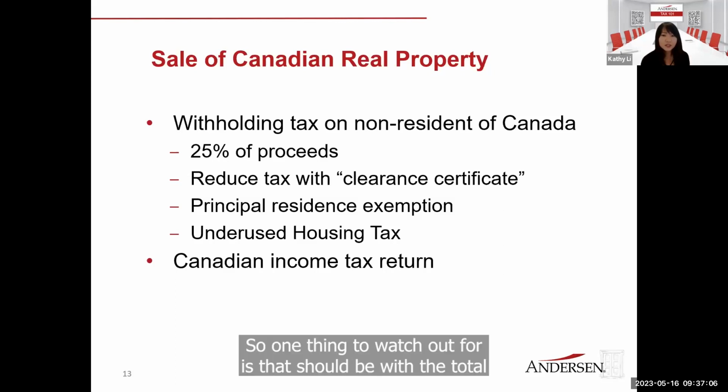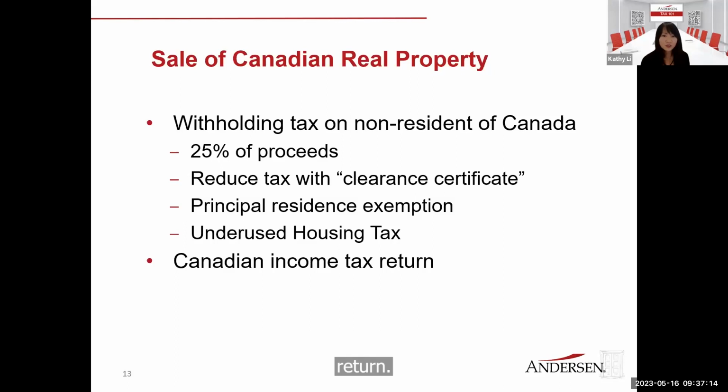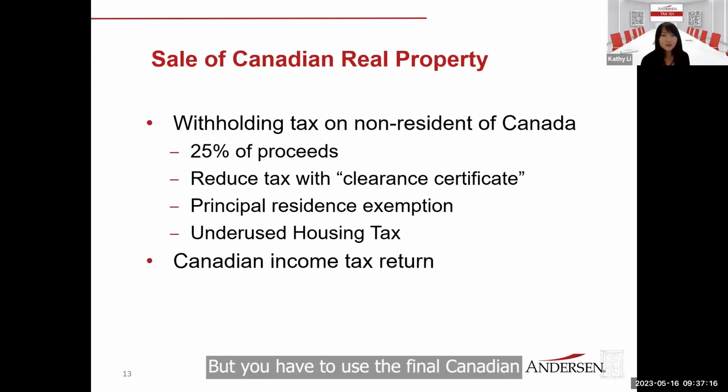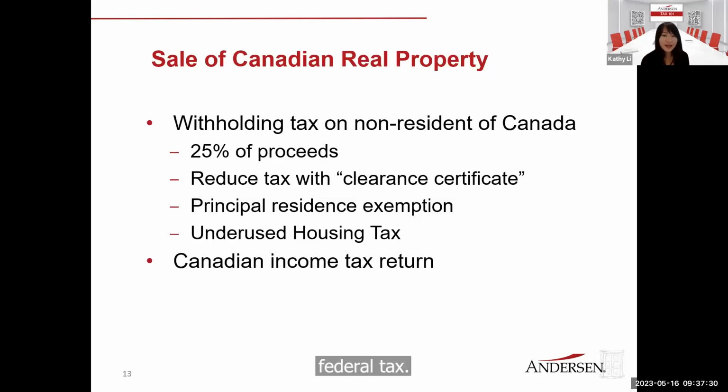So one thing to watch out for is that the total withholding tax cannot be taken as a foreign tax credit on the U.S. return. But you have to use the final Canadian tax after filing the Canadian return. So the gain itself is sourced to Canada, and then the foreign tax credits would reduce U.S. federal tax.